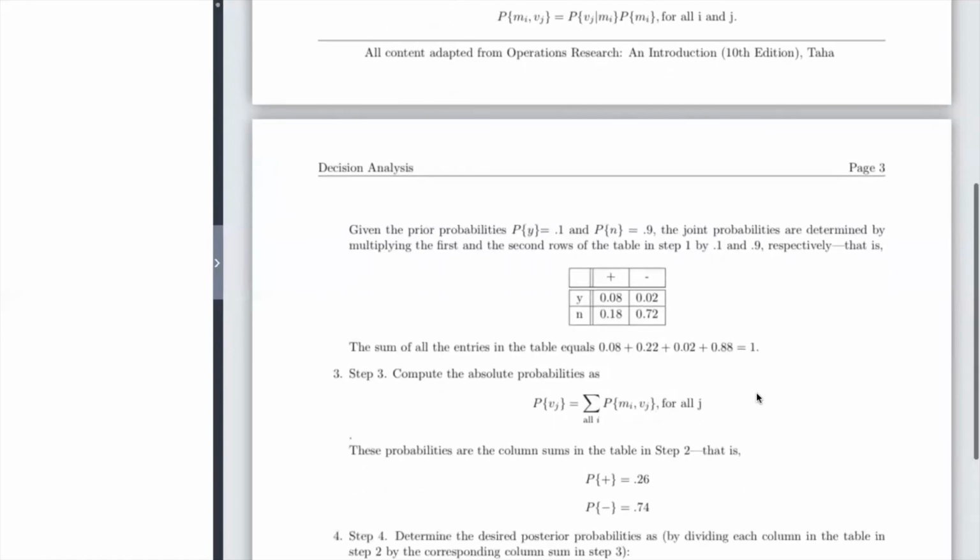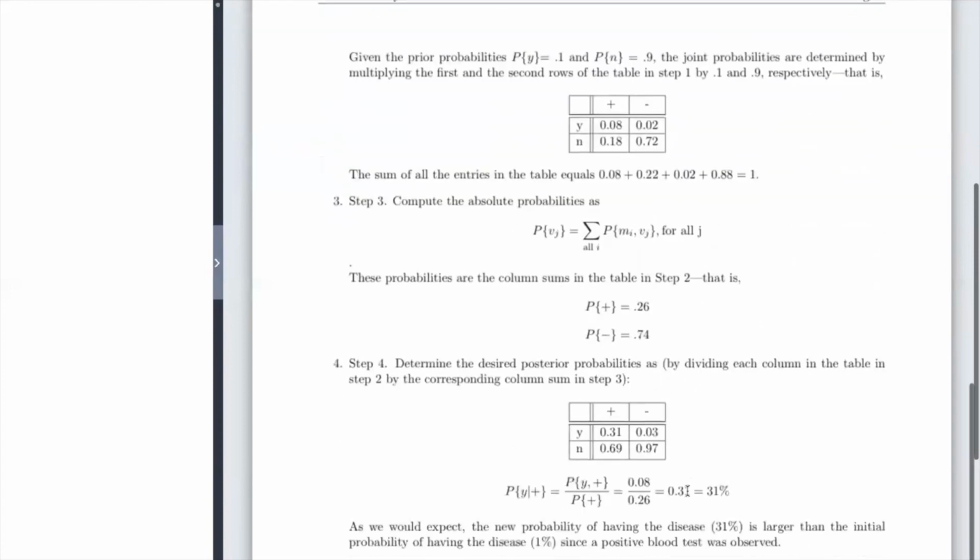And the absolute probabilities for having a positive test and a negative test we're going to get by summing up the column. So the probability to have a positive test is 0.08 plus 0.18, which is 0.28, and for the probability to have a negative test, we can subtract that number from 1 or just sum up the column.